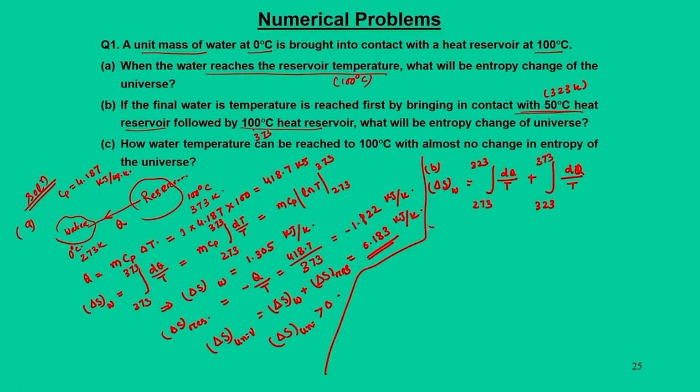And when you evaluate this, you can write dq is equal to m Cp dT. So, we can take the integration. So, this turns out to be 4.187. Here we can say m is equal to 1 kg.